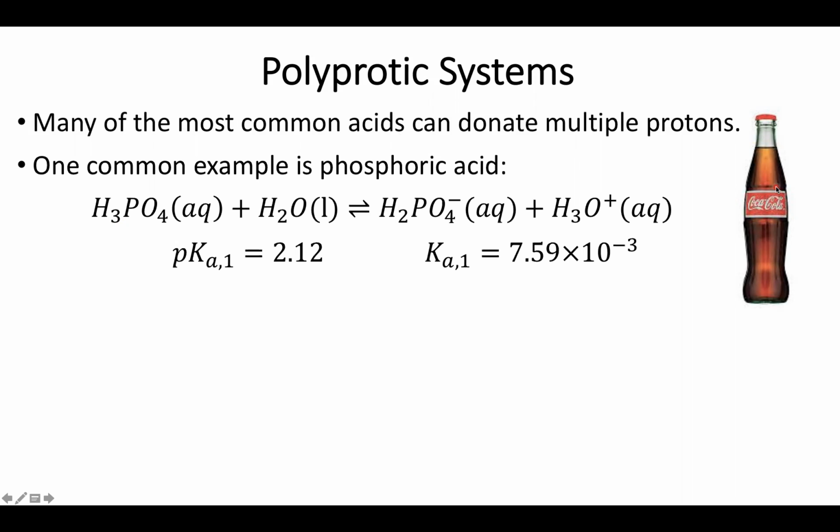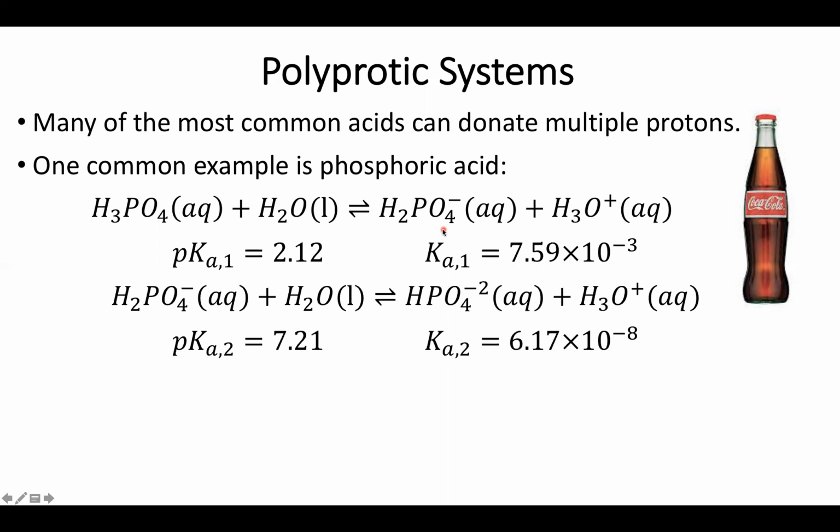Now, the phosphoric acid is actually quite acidic because it has a pKa of about 2, which means we've got a very high K. So we're going to tend to predominantly dissociate. However, when you do this, you're going to produce a fair bit of H2PO4, dihydrogen phosphate.